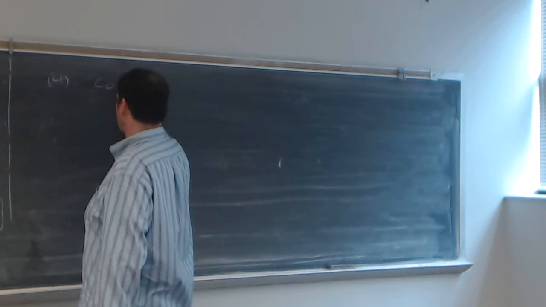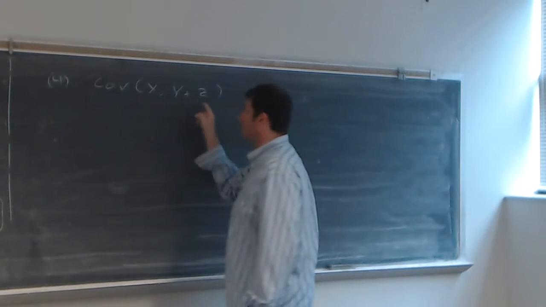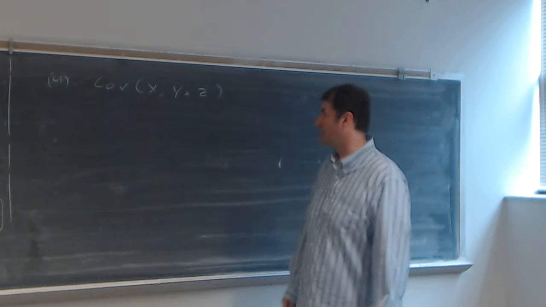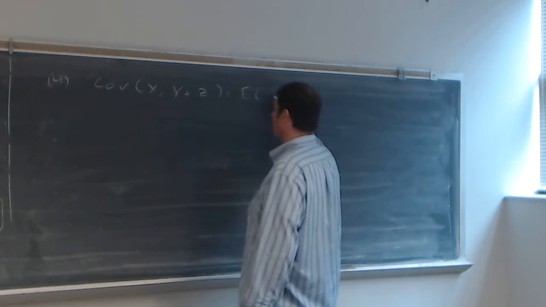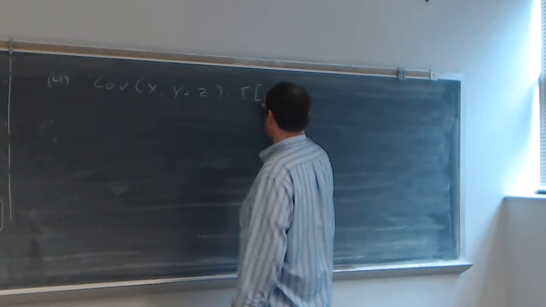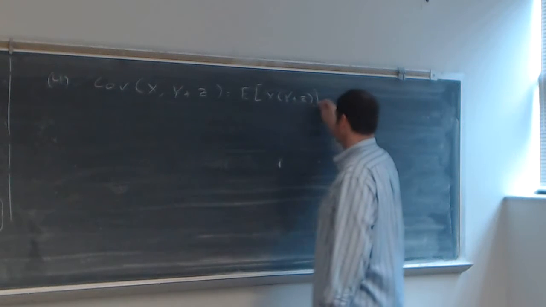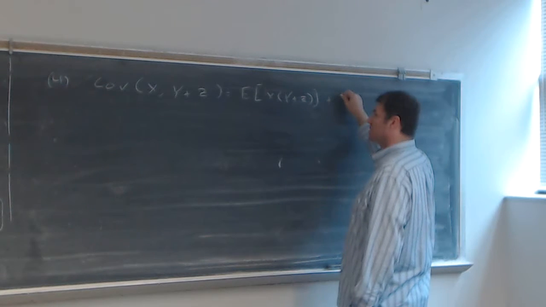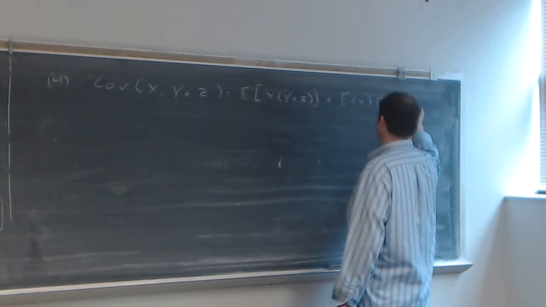We're looking at the covariance of X with the random variable Y plus Z. So Y plus Z is like a new random variable, even though it's made up of two random variables, Y and Z. And so by our fact, that's the expected value of X times the second random variable, which is Y plus Z, plus the expected value of X times the expected value of Y plus Z.